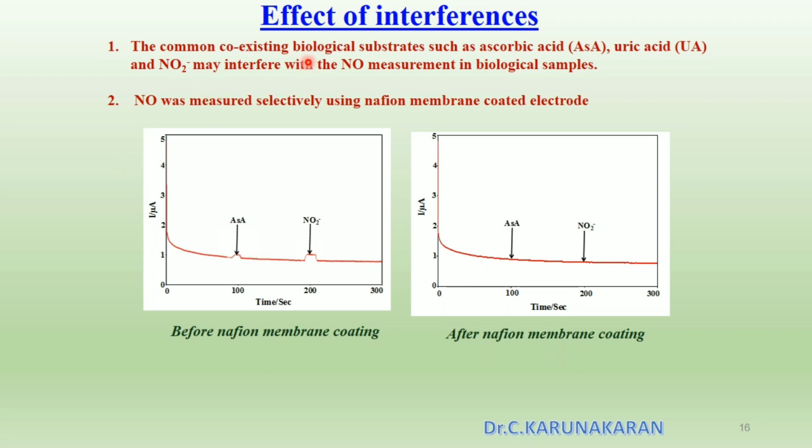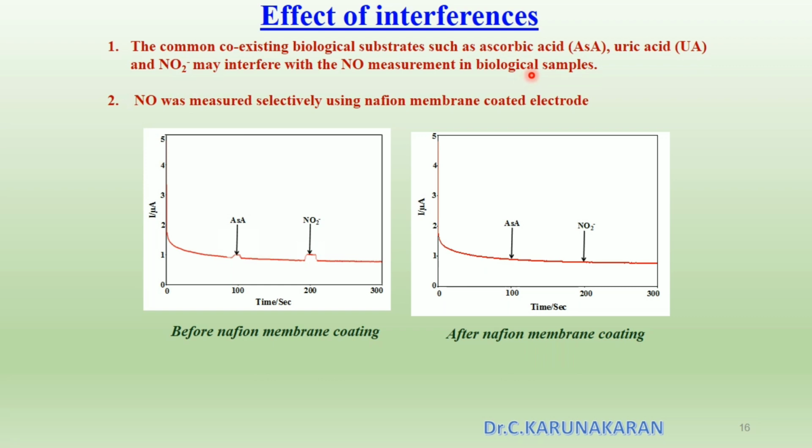In the case of biological samples, there are several interferences. For example, when you measure nitric oxide, it undergoes a redox reaction. There are other biological substrates, for example, ascorbic acid, uric acid, cysteine, and other amino acids.